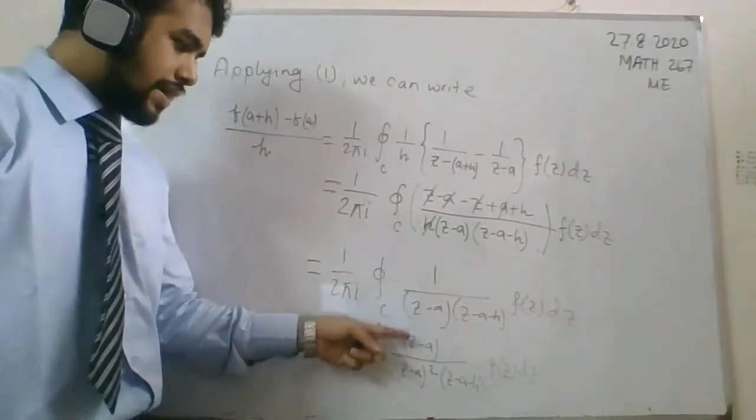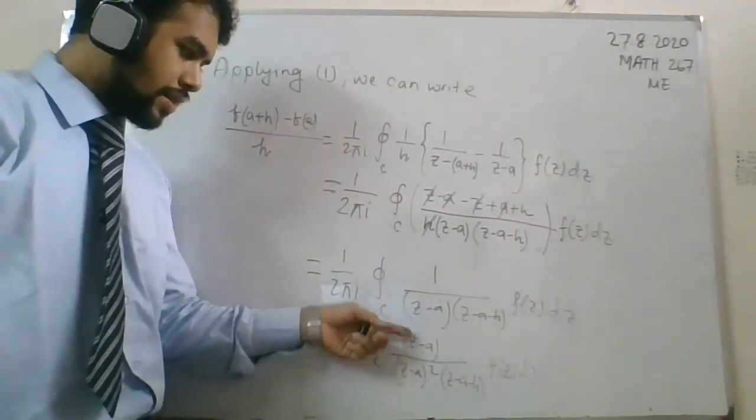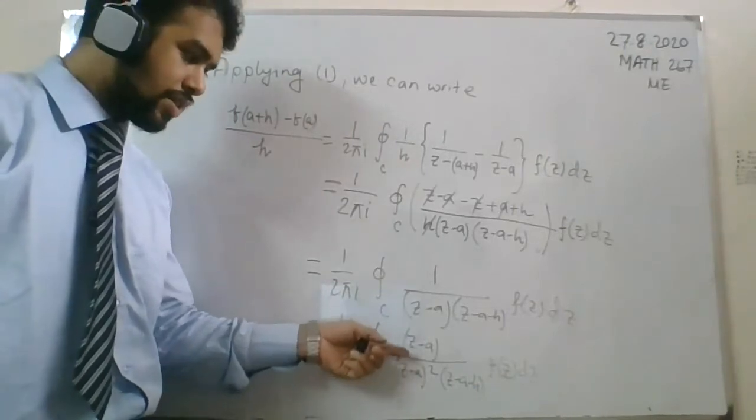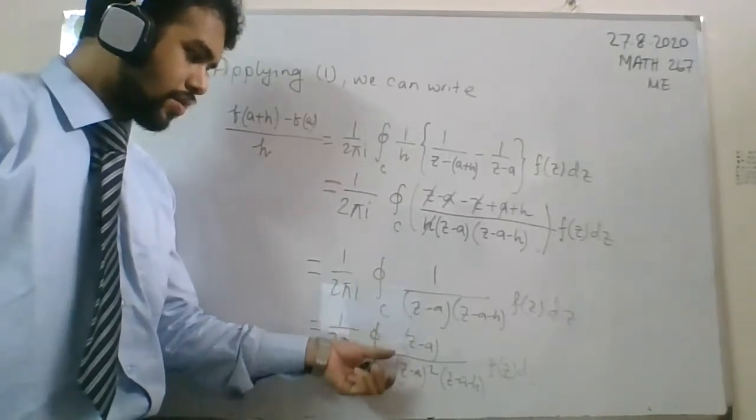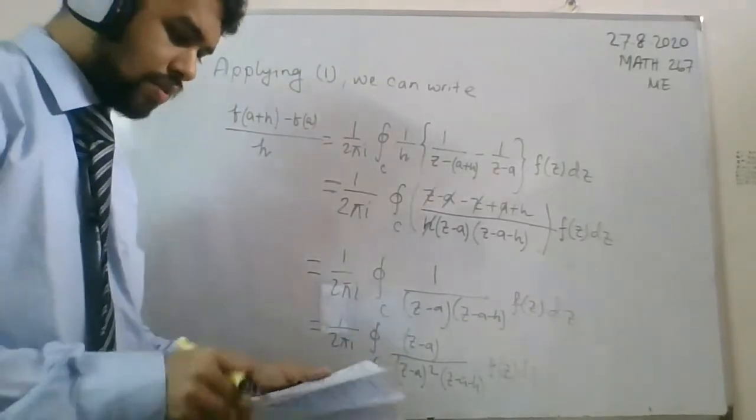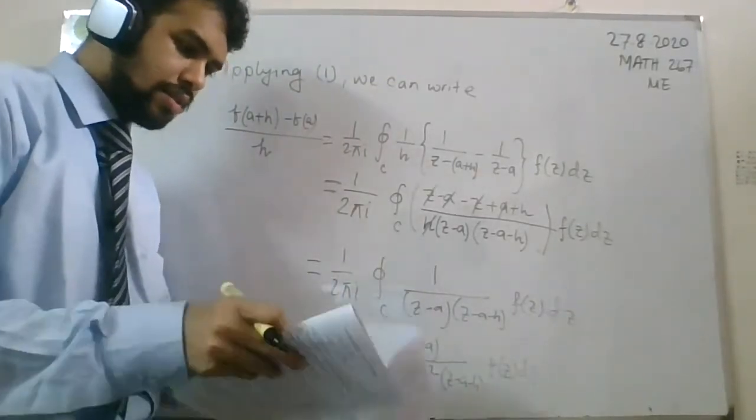Just multiply z minus a in the numerator and denominator, okay? Only just multiply this thing z minus a for proving our statement.